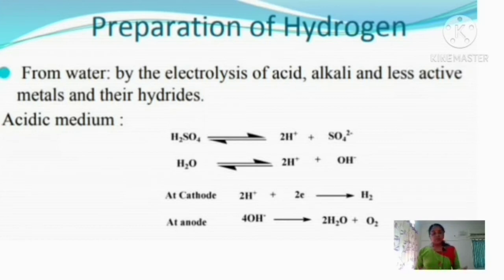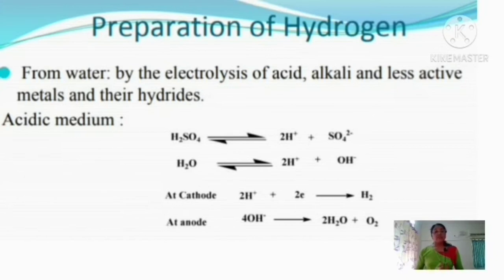So when passing electric current, this H+ ion will be liberated at the cathode and it will be converted into hydrogen gas at the cathode. But here there are sulfate anion and hydroxide anion produced, and on passing electric current, the hydroxide ion will be liberated at the anode and it will be converted into oxygen gas at the anode.